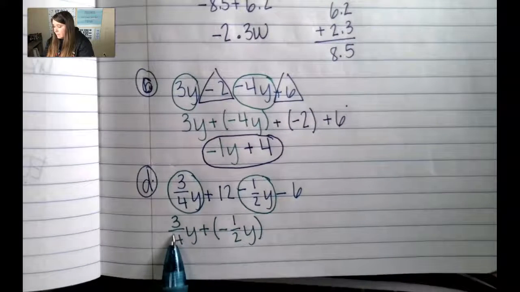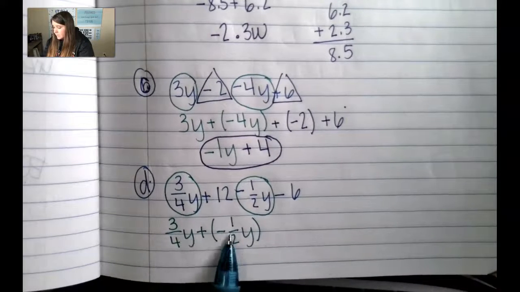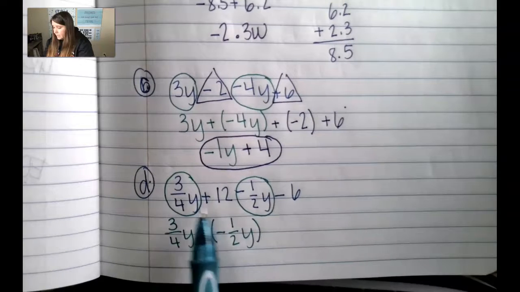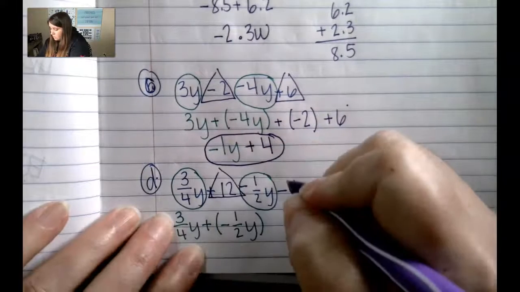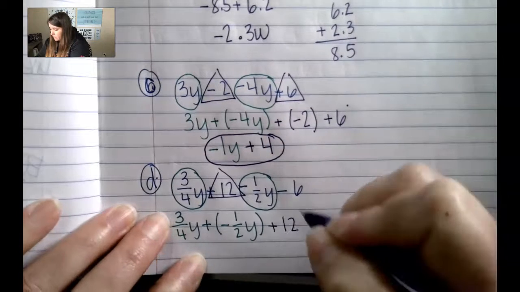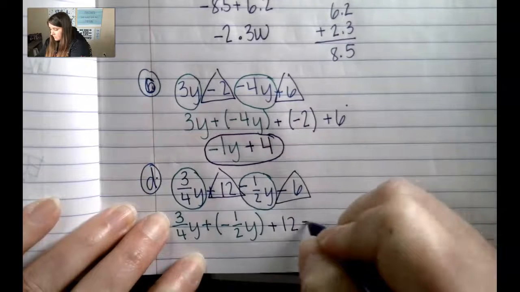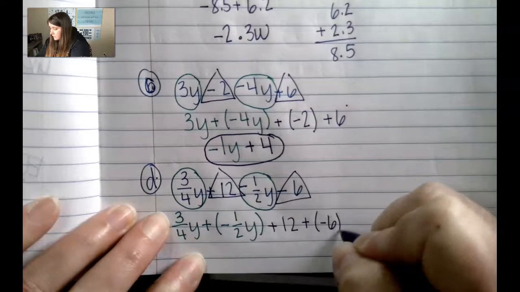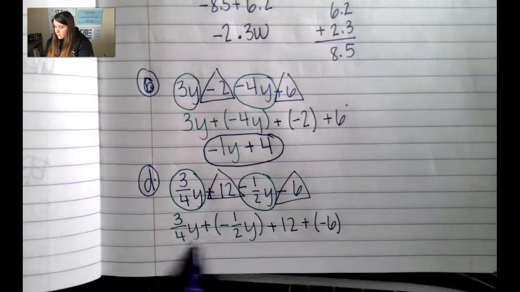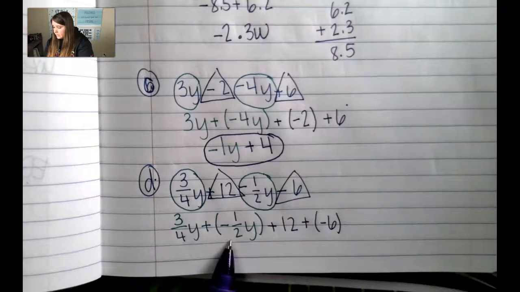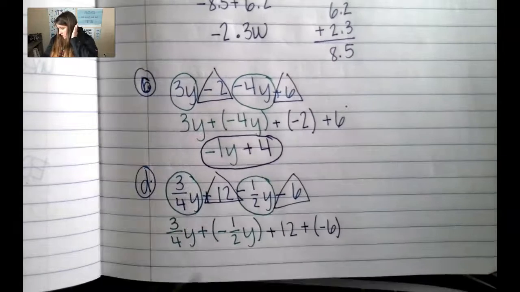So I'm going to end up combining 3/4 plus a negative 1/2. And then I'm also going to look at this 12, so plus 12 and plus negative 6. I can look at both of these, and we're going to have to subtract these numbers, but first I need a common denominator.